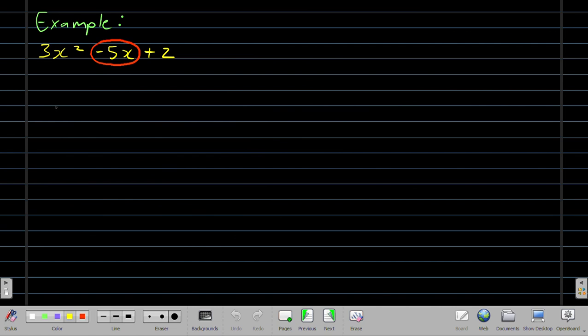Again, we're going to be really focusing on the middle term here. So I'm just going to write 3x squared on this side, and then the plus 2 on this side. And then I will break up minus 5x into something in which we can get a common factor between whatever term this is and 3x squared, and whatever term this is going to be with plus 2.